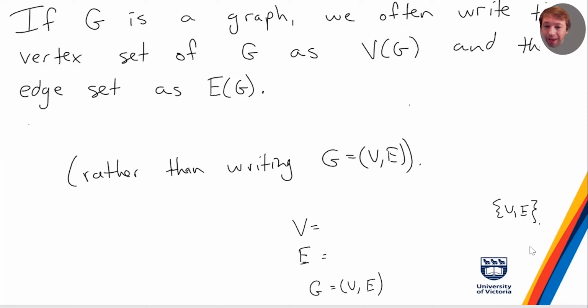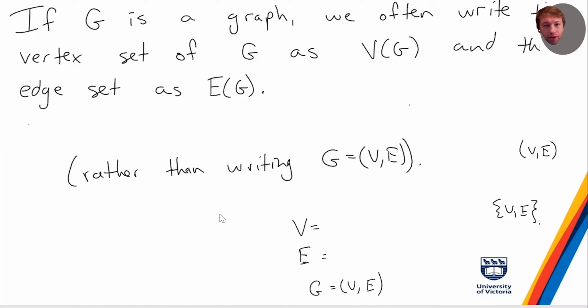Maybe it's better to have an order so that the vertices come first, the edges come second, so there's no ambiguity, although probably there wouldn't be any ambiguity anyway. But that's just the standard way of doing it, to write it as a tuple (V, E) rather than a set of two sets. So vertices come first, edges come second, but there's not a super good reason for that.